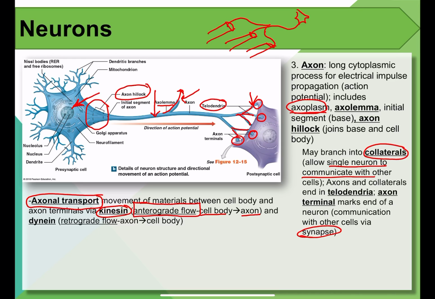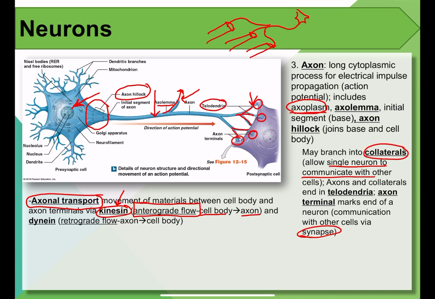So that's how I remember anterograde for going towards the axon, and the protein involved with that is kinesin. And going back from the axon towards the cell body, which we do have as well, what happens is you have neurotransmitters that are broken down and reabsorbed into the axon terminal.